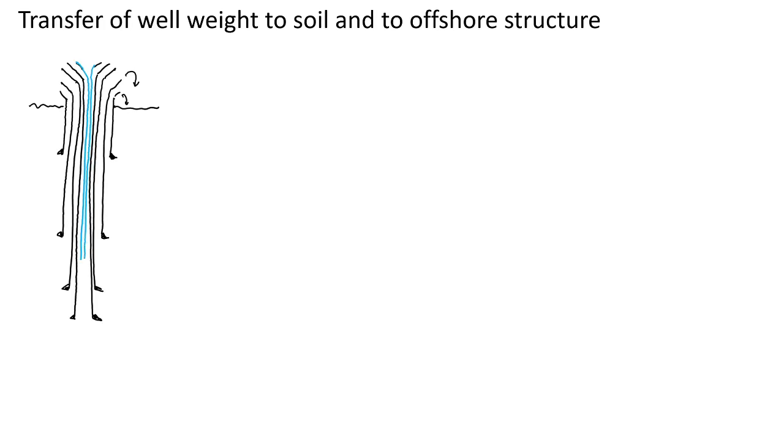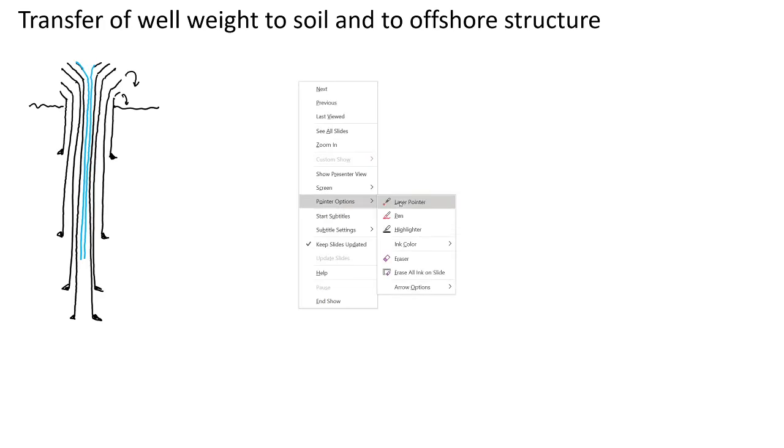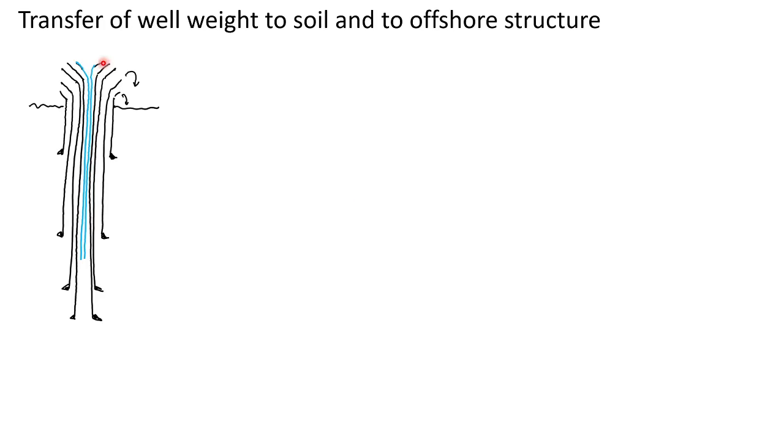So in onshore wells, you have this transfer of weight. Usually the weight is going to be transferred from the tubing to the production casing, from the production casing to the intermediate casing to the surface casing, from the surface casing to the conductor, and finally from the conductor to the soil.